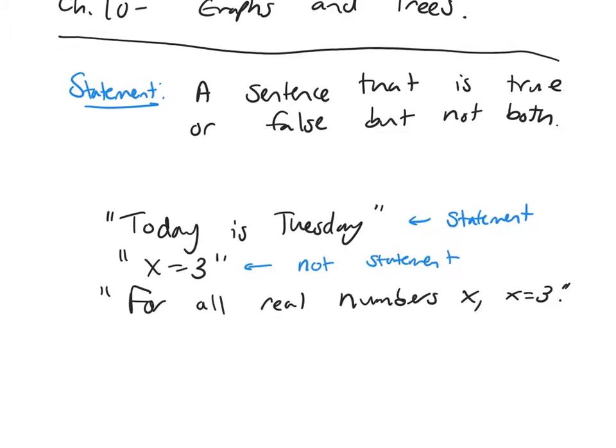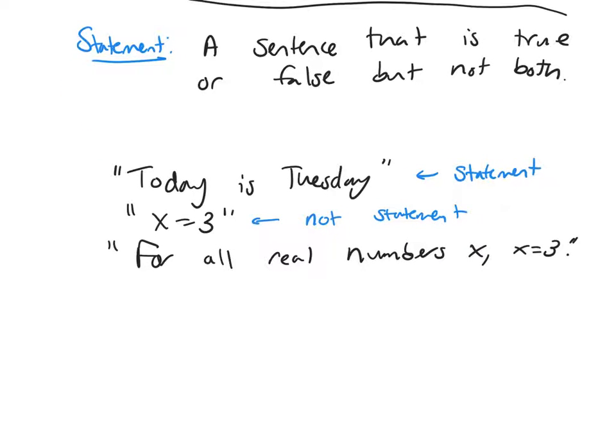But if we look at this sentence down here, now I have a quantifier, for all real numbers. And so now I'm considering every single possible real number. And this equation would not be true for all of those. So this statement would be false. And so this is a statement.